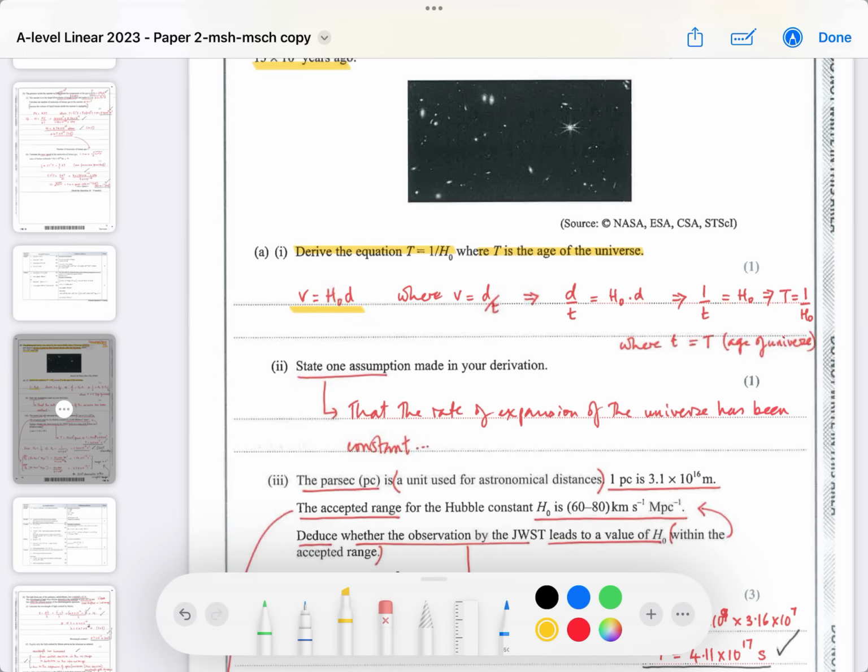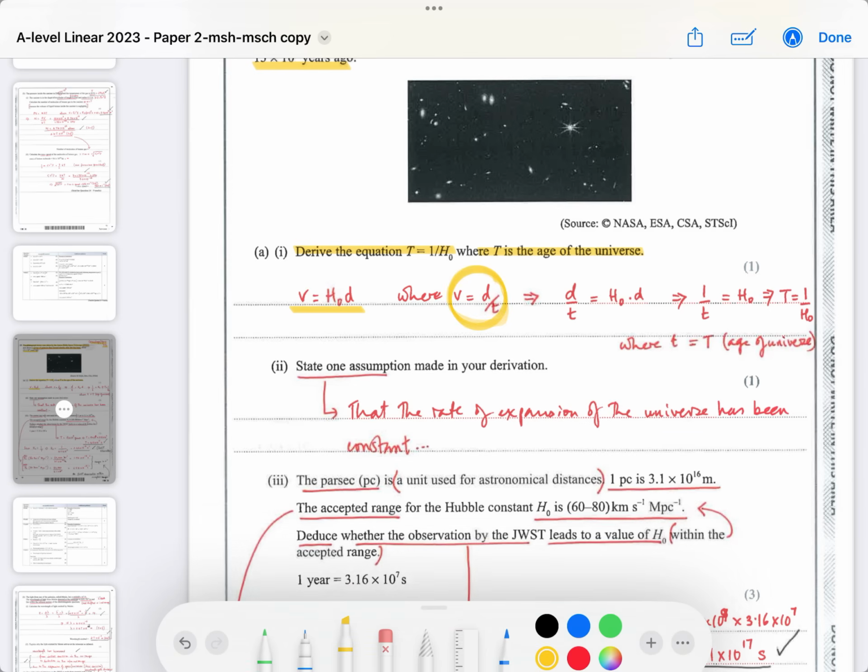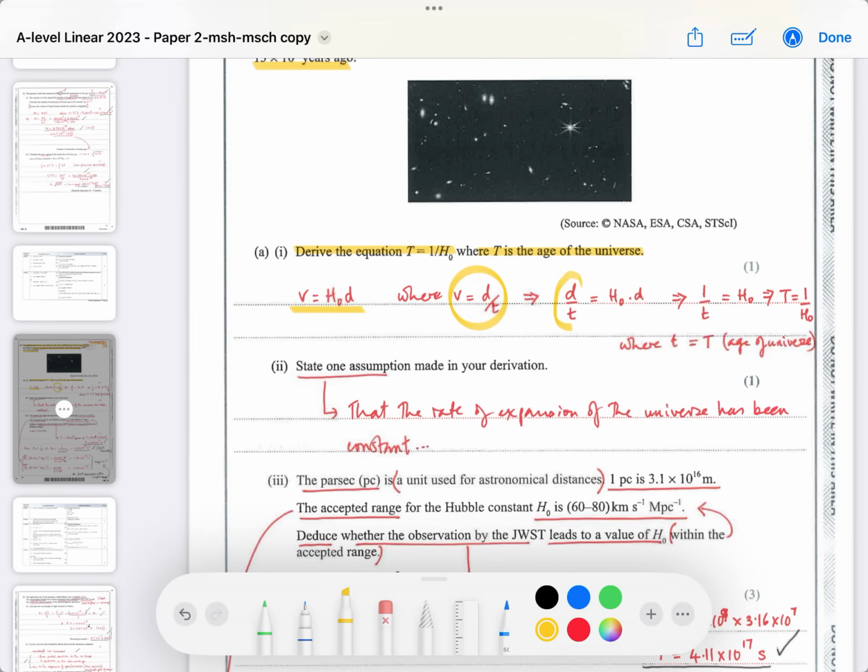This is from the formula sheet, and we know that naturally velocity is distance over time, so you could put distance over time instead of v in this equation, and then you'll get d over t equals h naught d, and you'll notice that the d's cancel. So therefore you get 1 over t equals h naught.